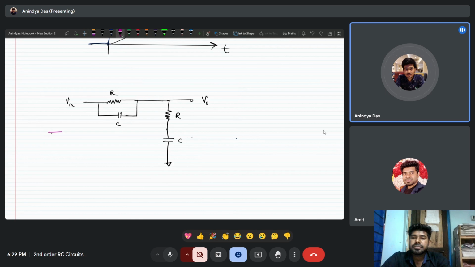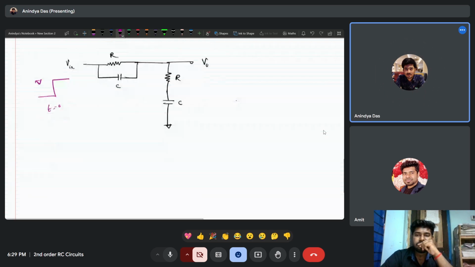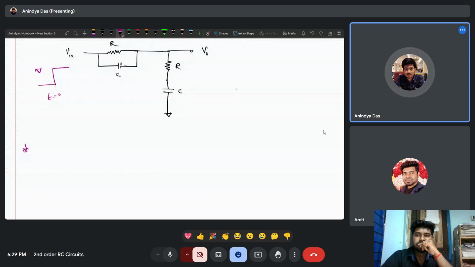Now suppose we are applying a step voltage at V in. Let's suppose a step voltage V. At t equal to 0, we know that the capacitor acts as a short circuit.